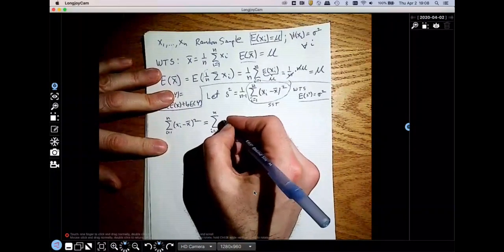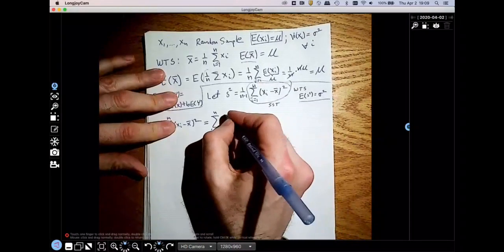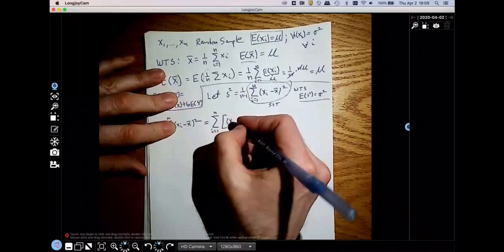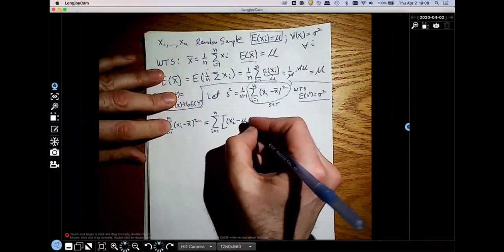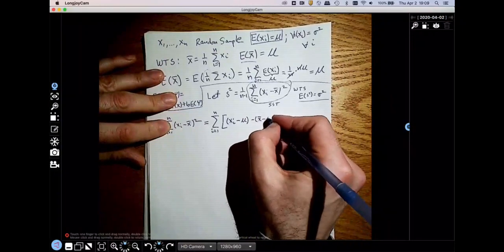So what I want to do here is add a mu and subtract a mu. So I'm going to write it like this, just to kind of keep my number of steps down. So x_i minus mu, and then I'm going to have x bar minus mu.